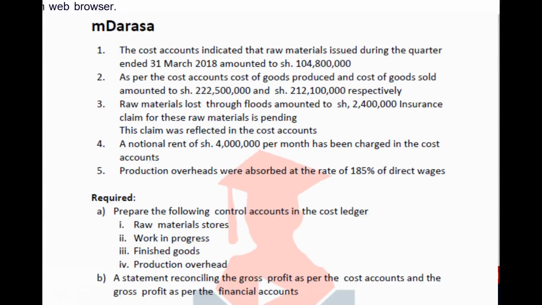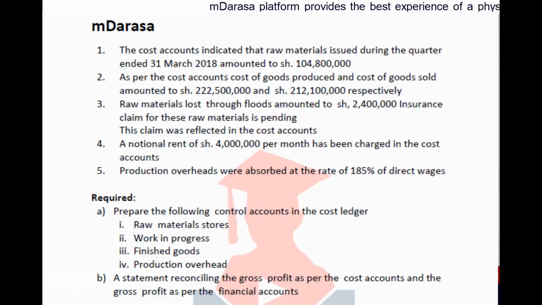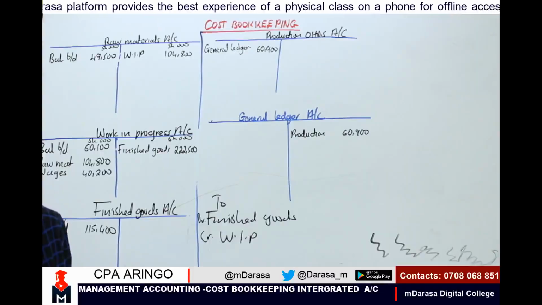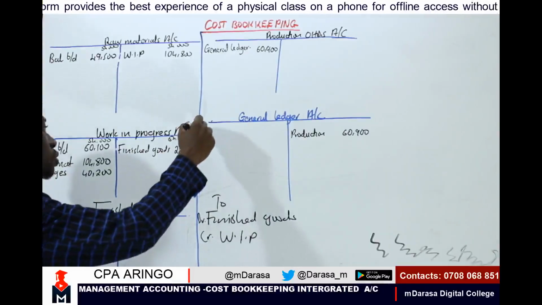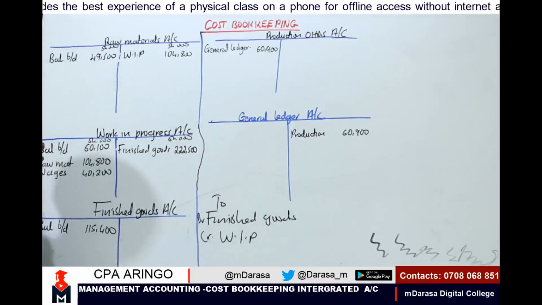So I'll be having here 222,500, whereas the cost of goods sold amounted to 212,100. So in this case, we've recorded, first of all, the 222,500, which we've come and recorded there.